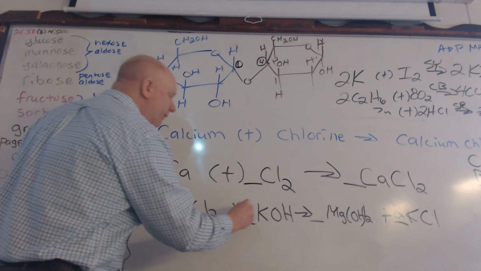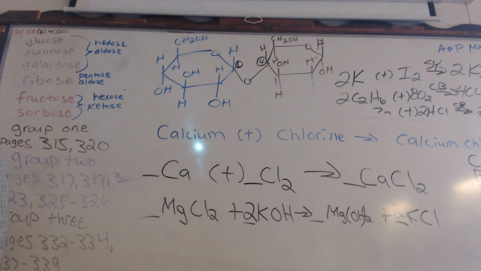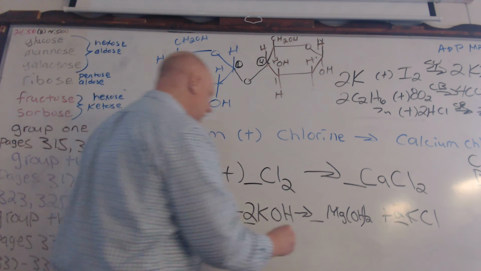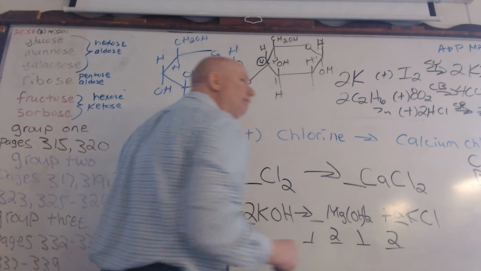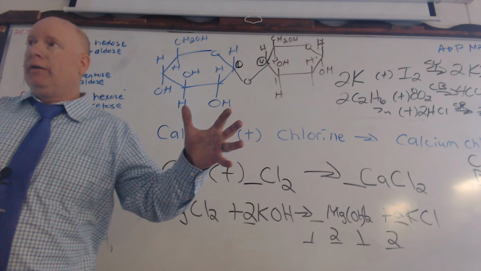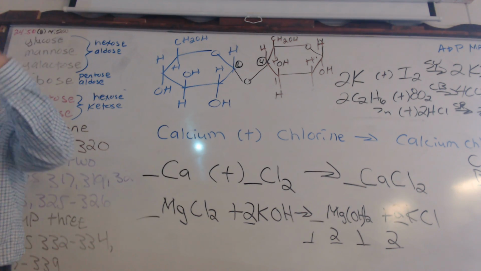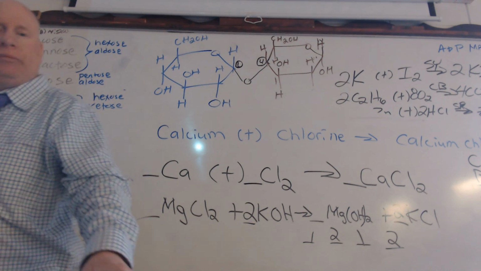You'd have 2. Okay? Now everything's balanced. So what you would write, 1, 2, 1, 2. All right, we're running short on time. That's what we're doing so far. And we will continue balancing equations tomorrow. Catch up to you next time.